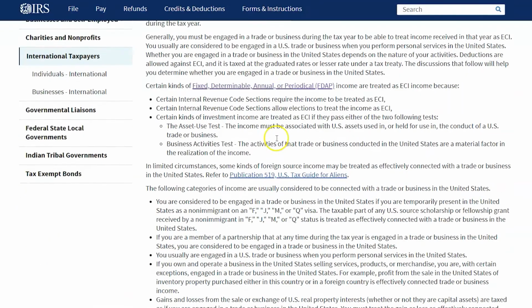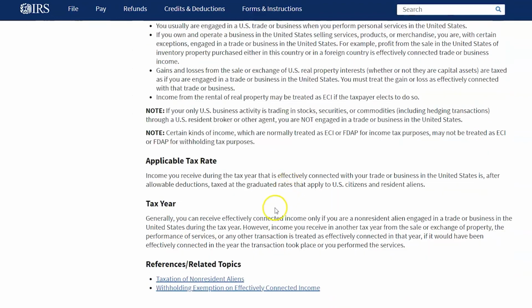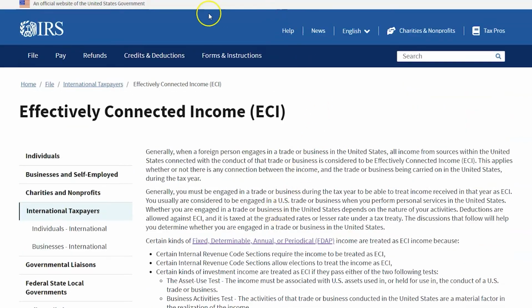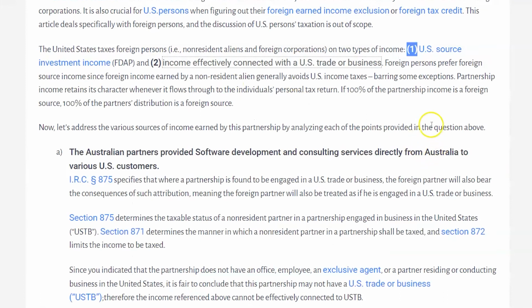So let's see what we have here. If you go here, the IRS explains what is generally considered as effectively connected income. So if you're a foreign person, you need to be worried about these two types of items. And as I've said earlier, foreign persons prefer foreign source income because foreign source income is generally not taxable to a foreign person, unless there are some exceptions, such as your activities, whether the foreign source income is considered to be effectively connected to the U.S. trade or business.